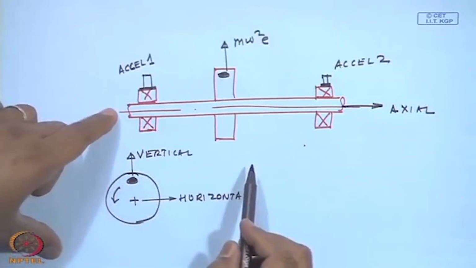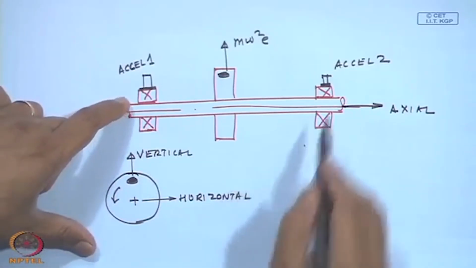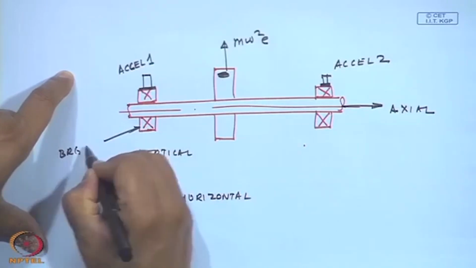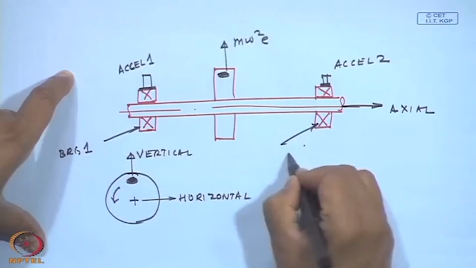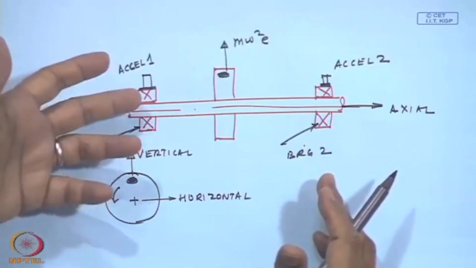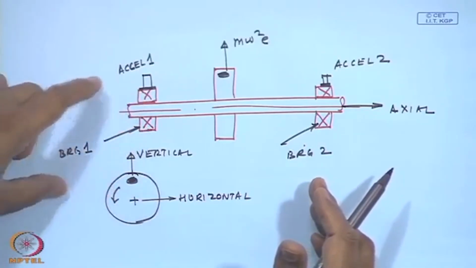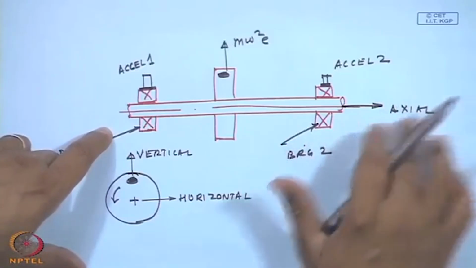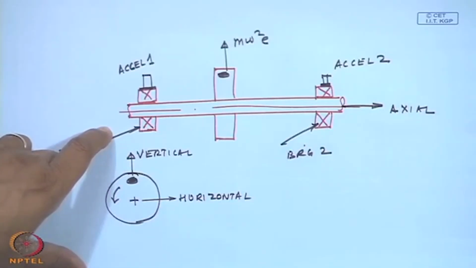In this example, I am measuring the vibrations at 2 locations, bearing 1 and bearing 2, because I can obviously only put the accelerometers at fixed rigid locations, and these are necessarily bearing 1 and bearing 2.